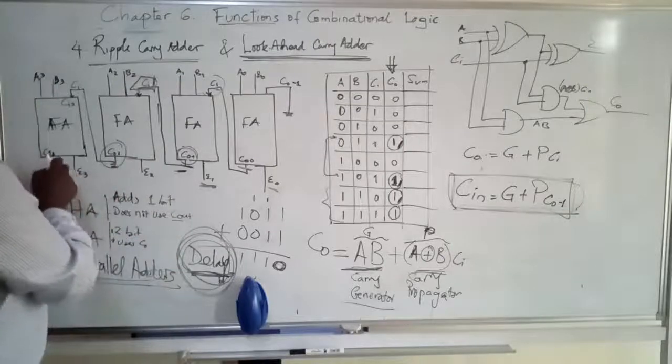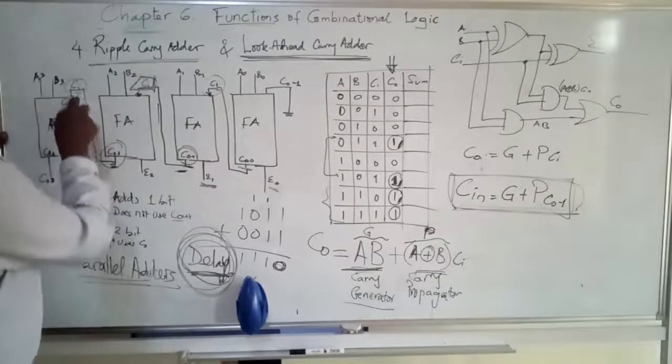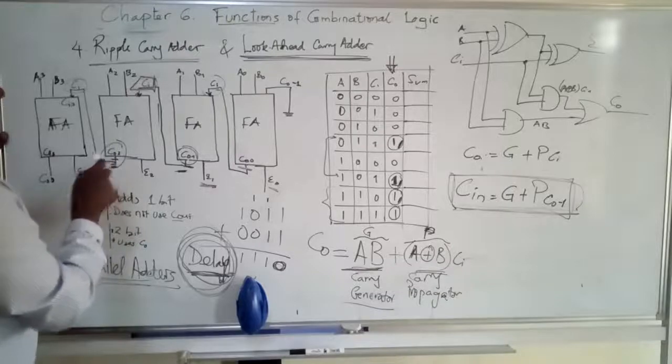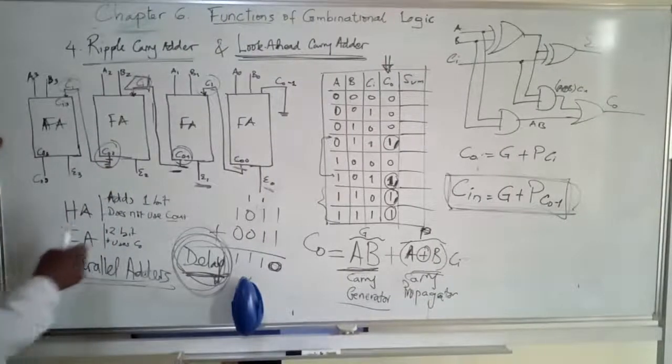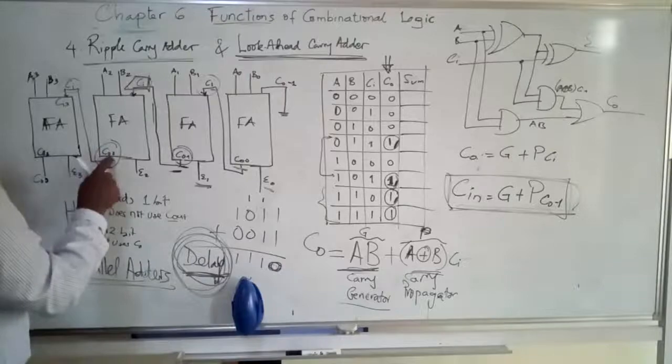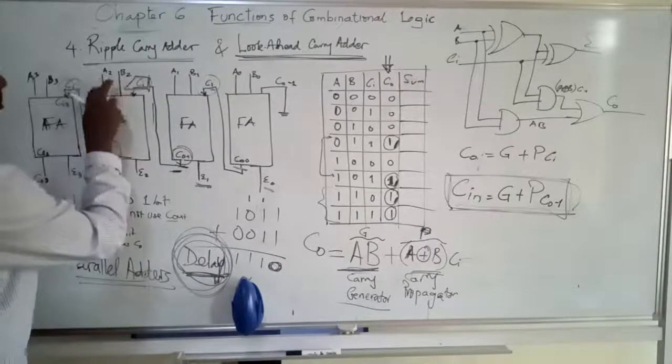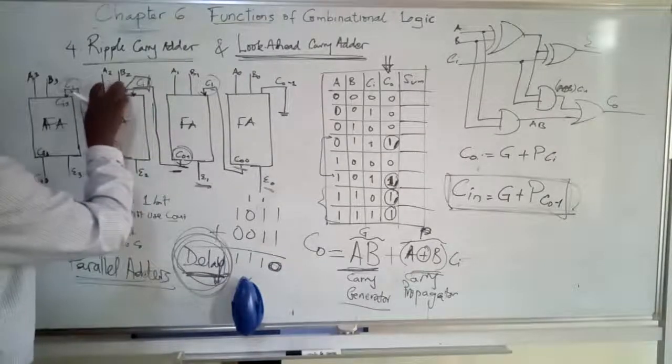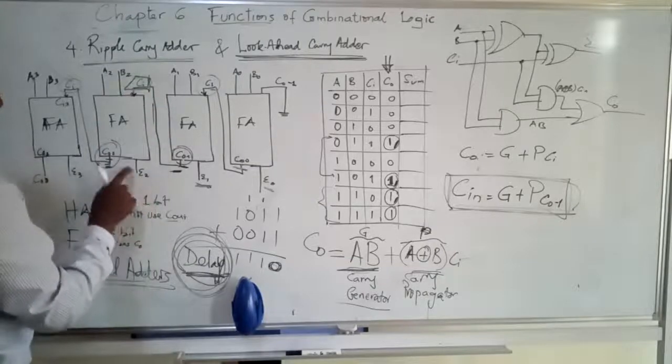The same thing, to get the C in here, the C in comes from C out 2. And to get this C out 2, we must first add these two, and then add the result with the C in, and we get the carry out.